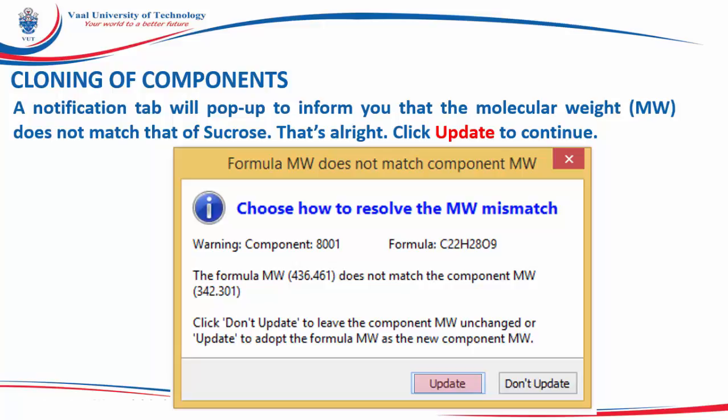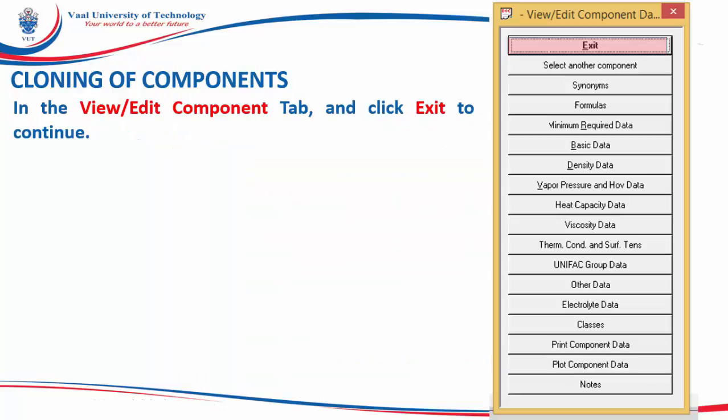A notification tab will pop up as you click OK to inform you that the molecular weight does not match that of sucrose. Remember, we have changed the molecular formula, so therefore the molecular weight will change. That's all right. Remember, that's what we specifically wanted to change. Click update to continue. In the view or edit component tab, click exit, because we are now finished with all the editing that we needed to do.